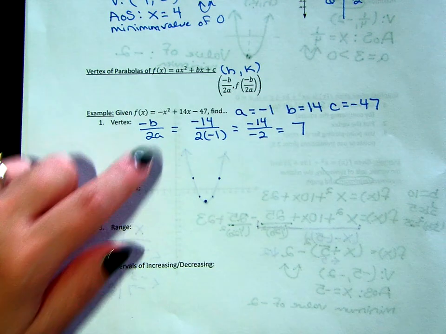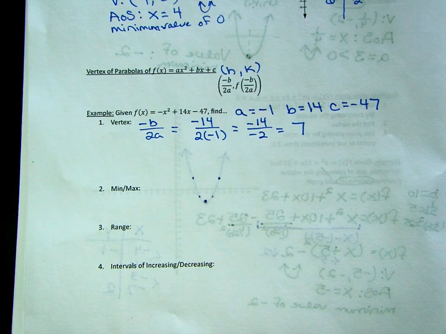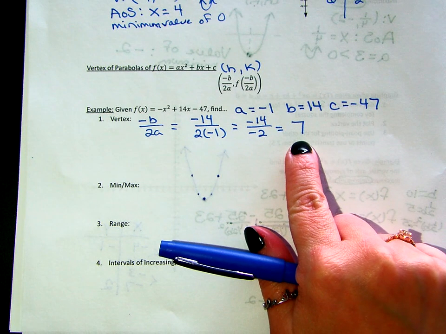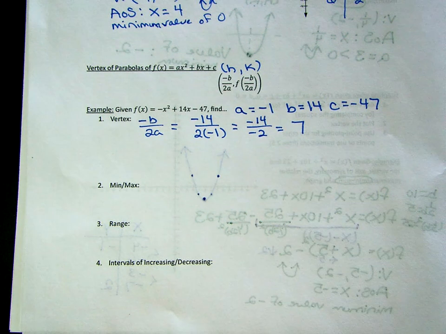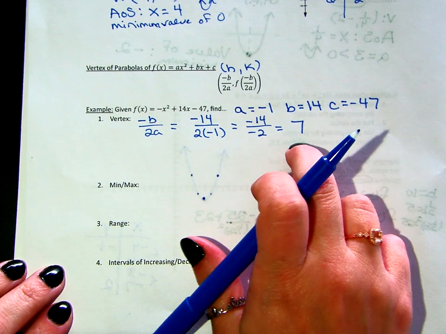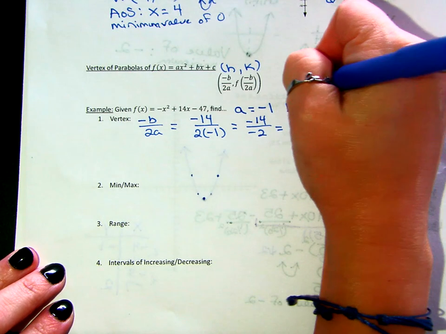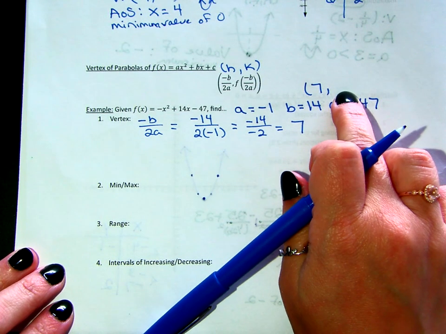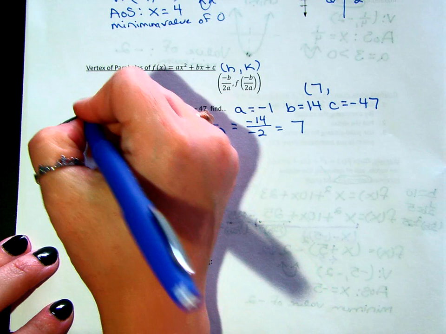So that is my x value, or my h value, of my vertex. So if I had to find my axis of symmetry, right there. Found it. But that's only half of my vertex, because a vertex is an ordered pair, so this will be the 7. Now I have to find the k value. And the way that I do that is I find f of negative b over 2a.